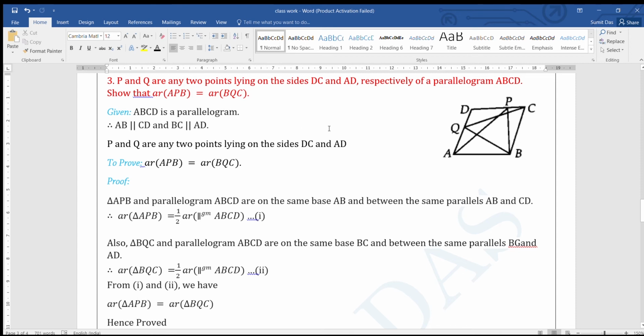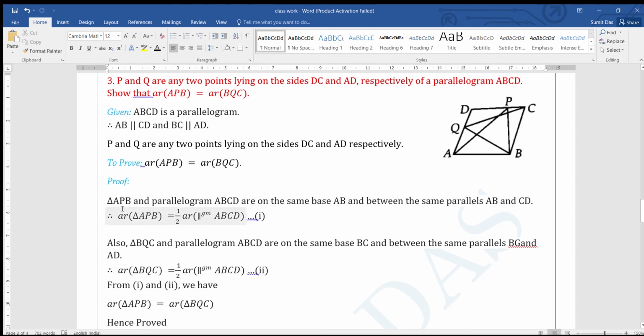If parallelogram, then opposite sides are equal and parallel. So we wrote AB parallel to CD and BC parallel to AD. Then P and Q are any 2 points lying on DC and AD respectively. We have to prove that area of APB triangle and area of BQC triangle are equal.